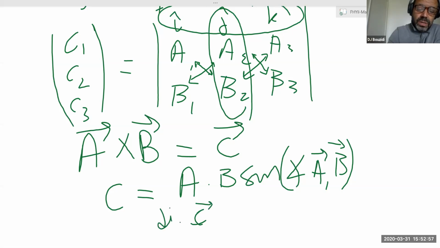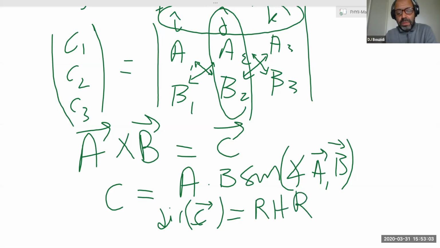The direction of this vector is given by the right-hand rule. So we found its magnitude and we found its direction. The right-hand rule gives you the direction only. The magnitude is just still A times B times sine of the angle between them.